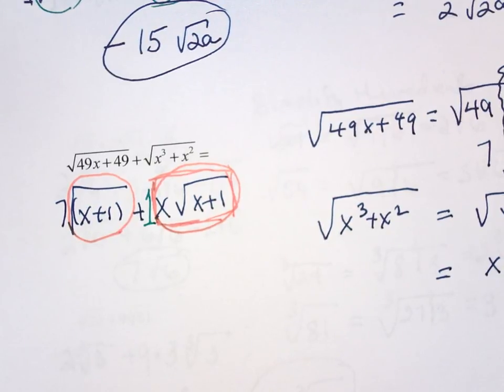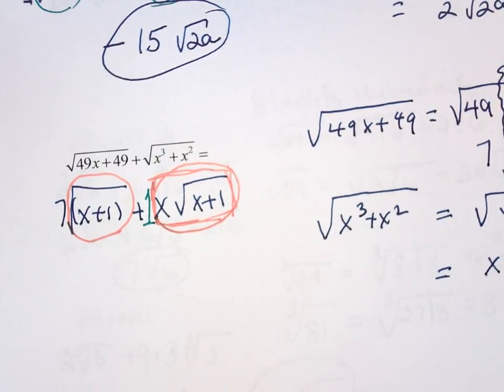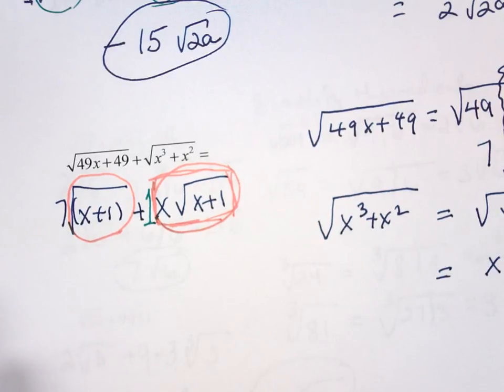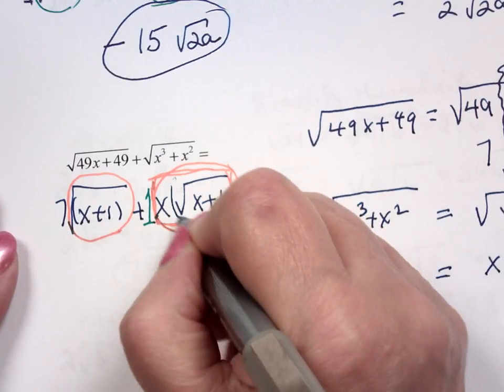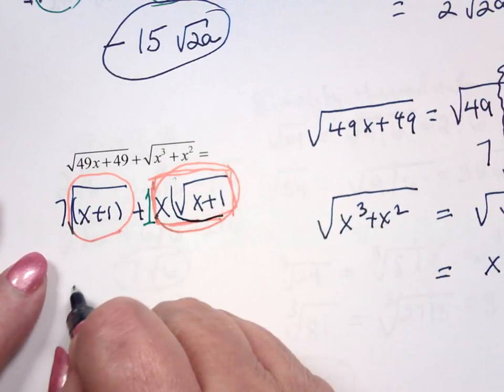You can leave it alone. I don't have a problem with that. But what your book may do is this. It says you've got a greatest common factor of the square root of x plus 1.